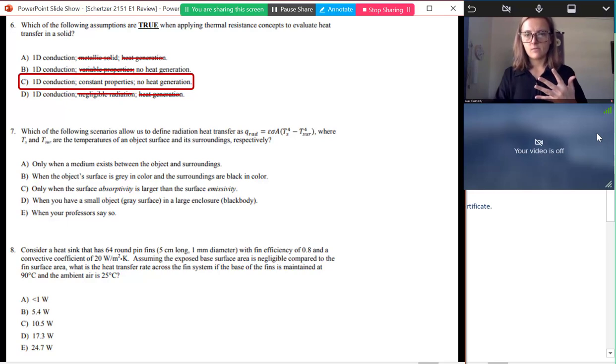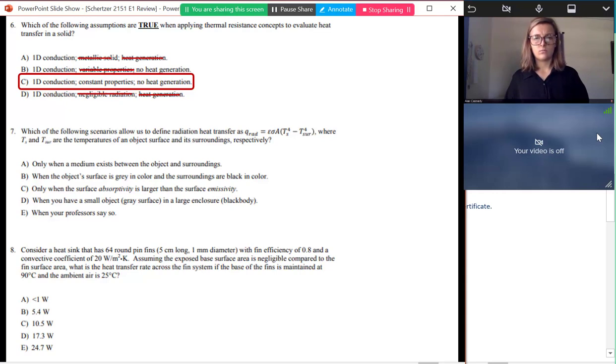We're not necessarily sure about that. It ends up not being true. In this case, we're sort of assuming that these two things are equal or approximately equal. When you have a small object that's a gray surface in a large enclosure, which is a black body.